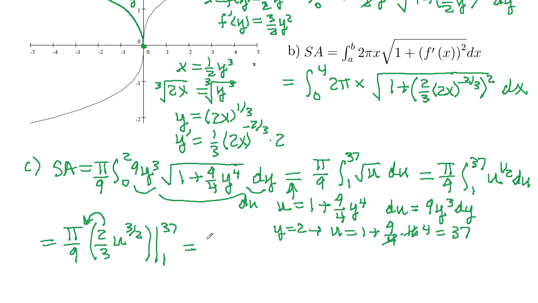So 2 pi over 27 out in front. And then we're just evaluating u to the 3/2. So 37 in there, so 37 to the 3/2, minus, plug a 1 in, 1 to any power is 1. And there we have an exact answer. So that is our exact arc length.